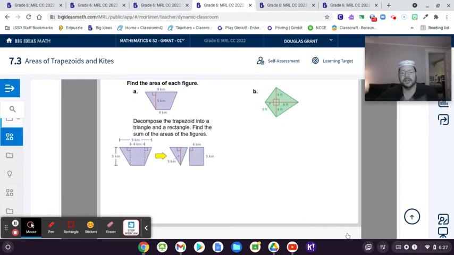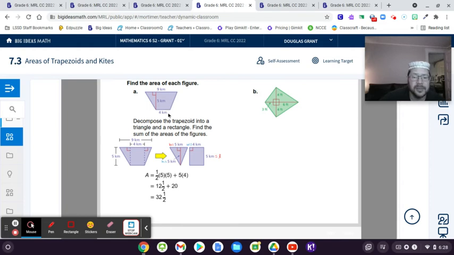One way to do this before you even use the formula, if you really want, you can just break this into a triangle and a rectangle. And then you'll find out that the area of the triangle is 12.5, and the area of the rectangle is 20. And then when you add them together, you get 32.5. Or you could have just used the formula.